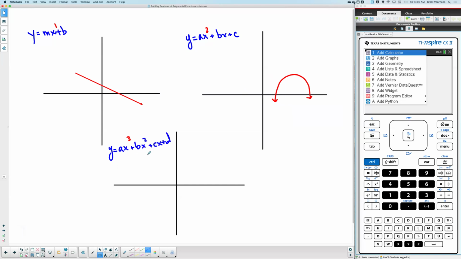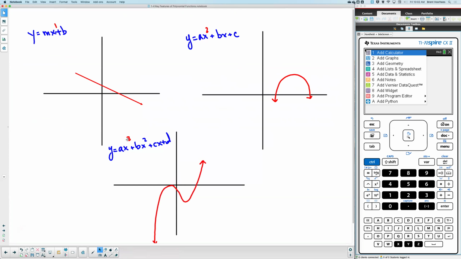That's the general form. And a cubic can look like an S curve. So I'm going to draw an S coming up, down, up. On this S curve, how many zeros do you see? 1, 2, 3. What if I shifted it down? Now how many does it have? 3. Okay, what if I shifted it to there? Now how many? 2.